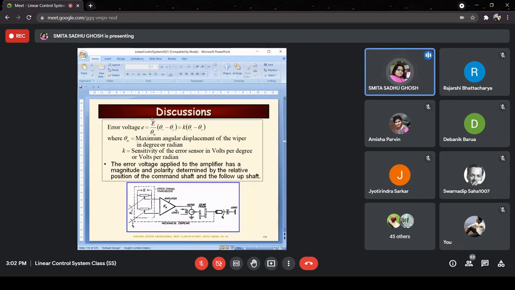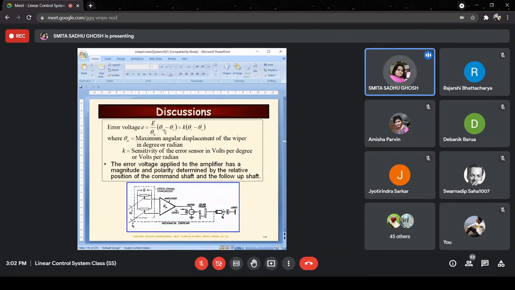It is going to be the applied voltage divided by the maximum angular displacement which would have occurred. So E by the maximum displacement, multiplied by the difference in the displacement, is what is going to give us the error voltage, small e, right? It can also be written in this form, that is some constant into theta r minus theta c, because the maximum displacement which can take place is constant, it's fixed.